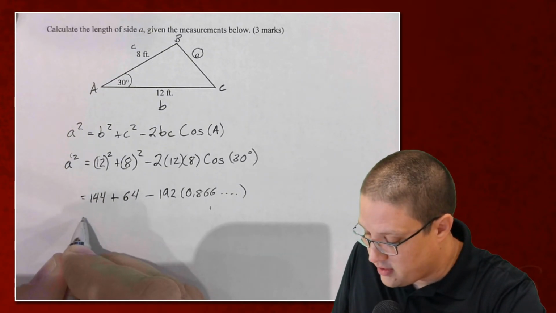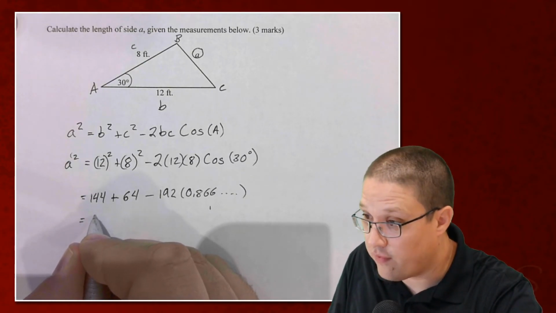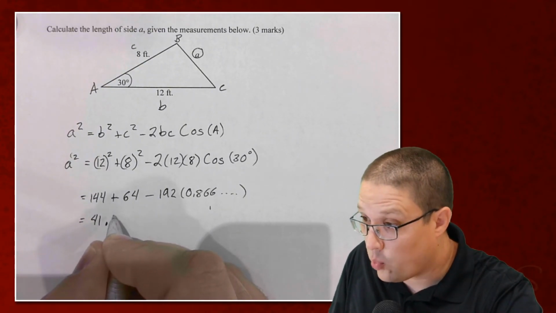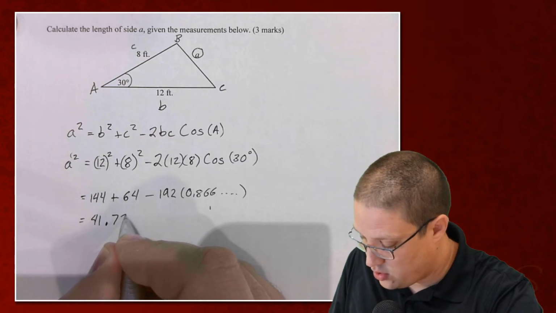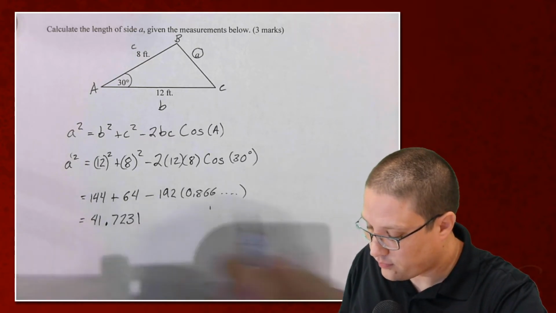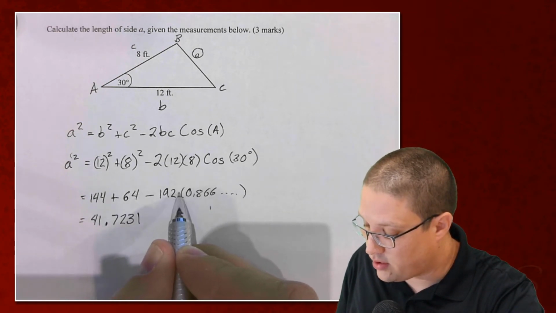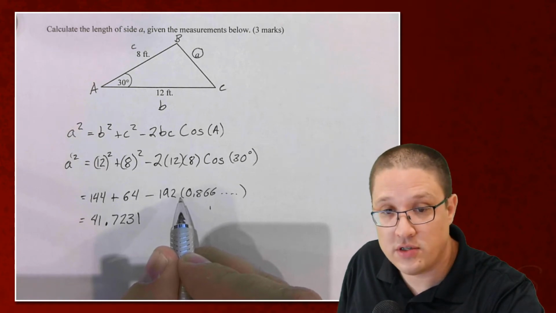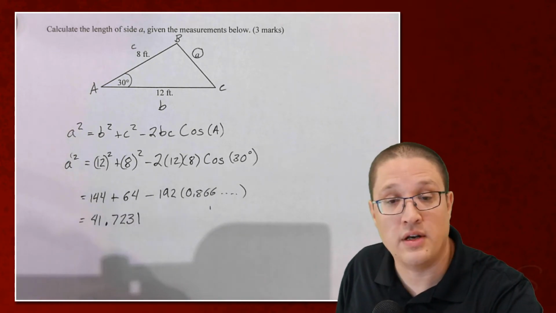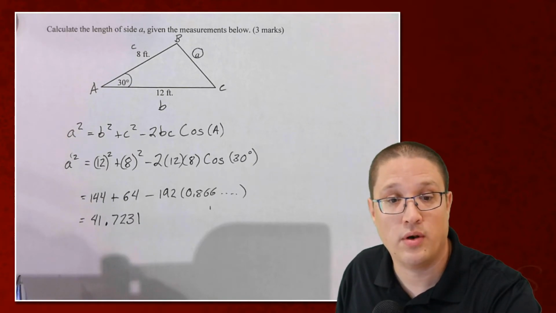As we go through this, my next step is to combine all of this so that it works out to 41.7231. And again, there's lots and lots of decimals here. Make sure you're doing this multiplication first and then doing your addition and subtraction afterwards. Make sure you're doing BEDMAS in the correct order.